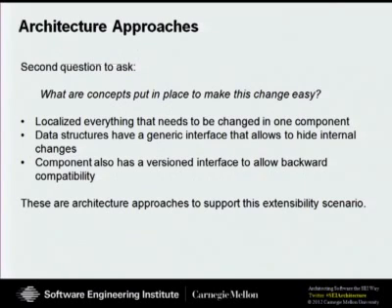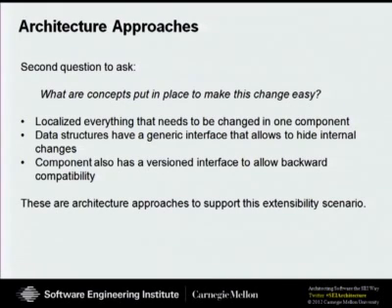So therefore, the second question to ask is, now, architect, what are the concepts that you put into place to make that change easy? And the architect may answer with something like, well, we localized everything that needed to change into one component.